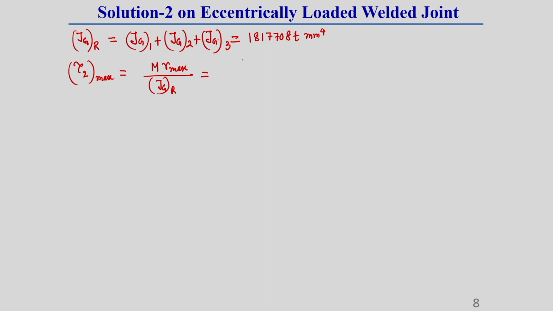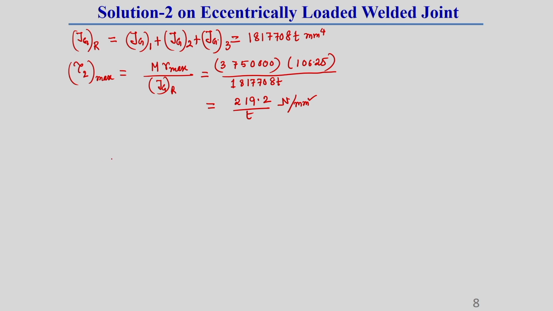M is 375,000, r max is given 106.25 and JG resultant I have just shown you, 1,817,708 T. By this we are getting 219.2 divided by T. This unit is Newton per millimeter square. So, tau 2 max is also known to us.